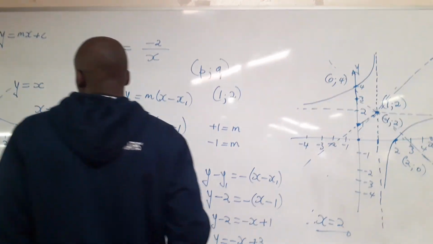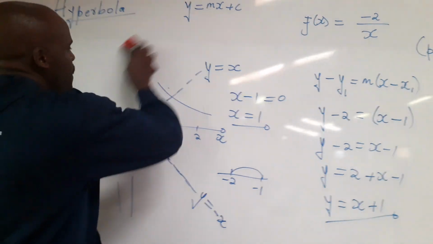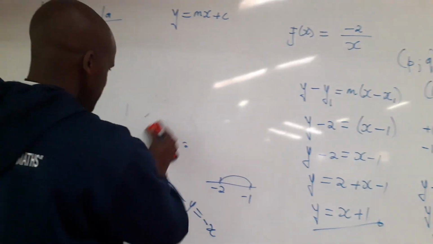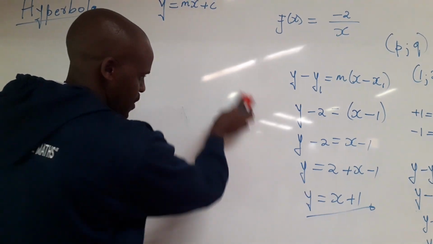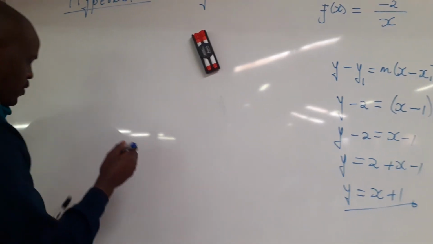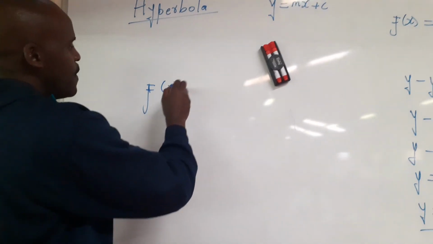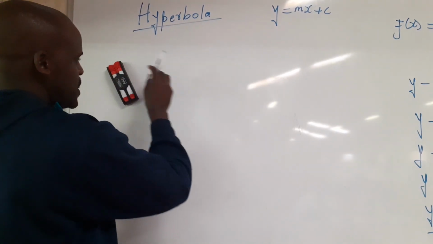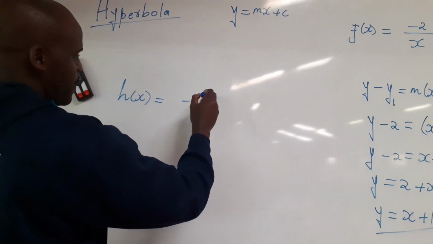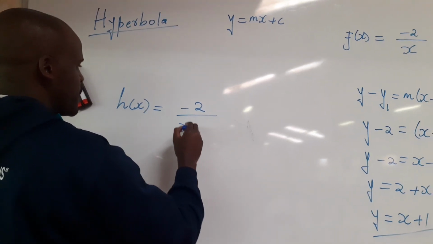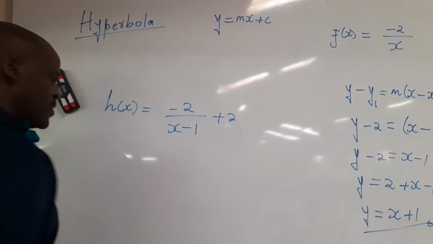But there is an easier way to find that equation. If you are being given the equation of a hyperbola, like here, we were having the equation given by h(x) equals negative 2 over x minus 1 plus 2.